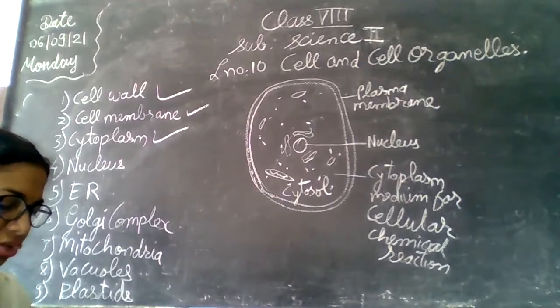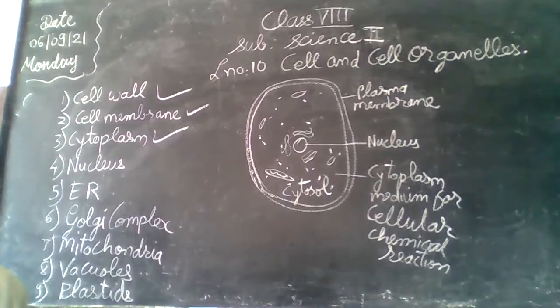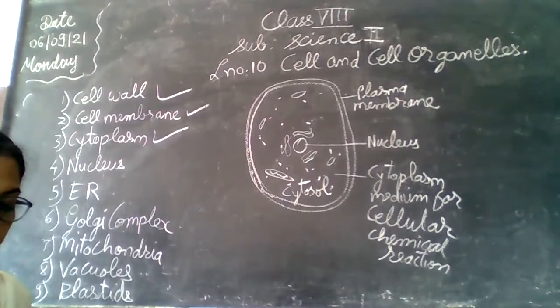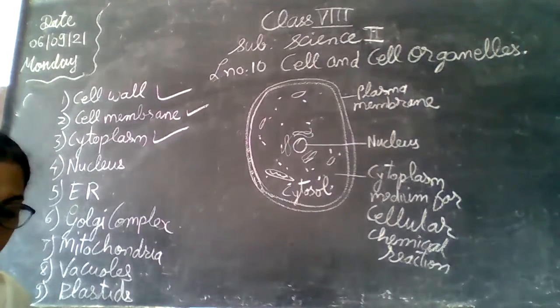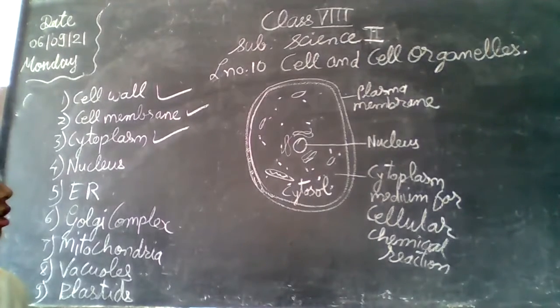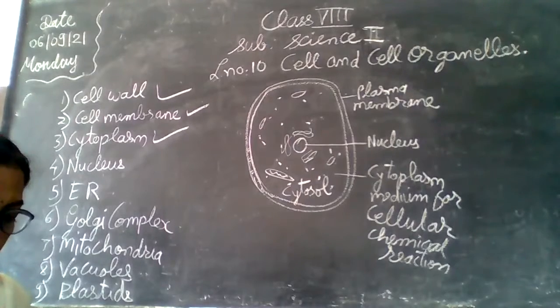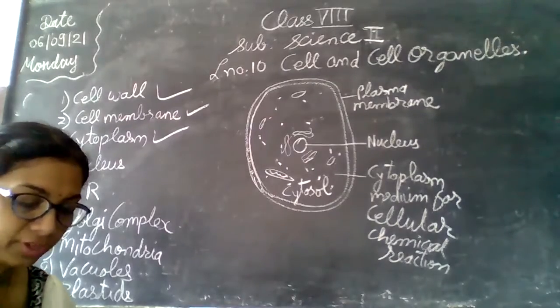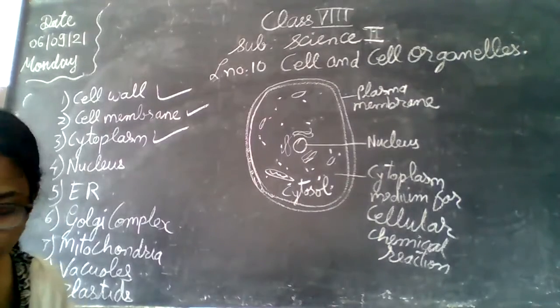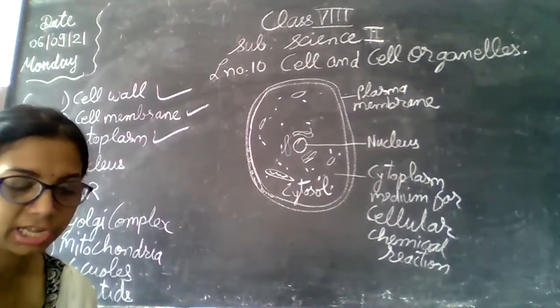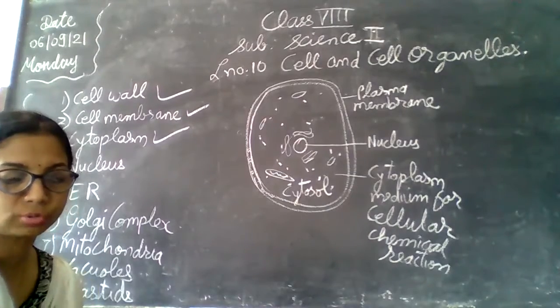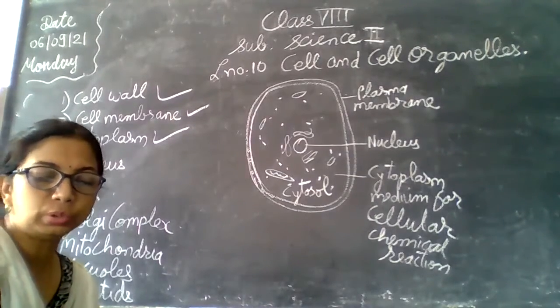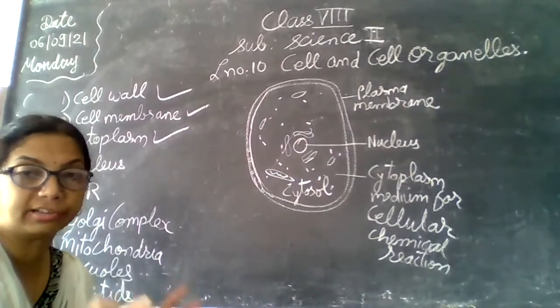Now, cytosol stores vital substances like amino acids, glucose, vitamins, and other nutritious material to nourish the other cell organelles. In animal cells, cytoplasm is more granular and dense, while in a plant cell it is thin and mostly pushed to the periphery due to a larger central vacuole.